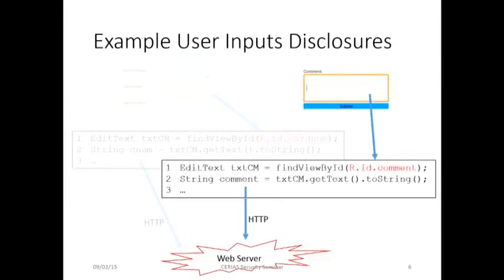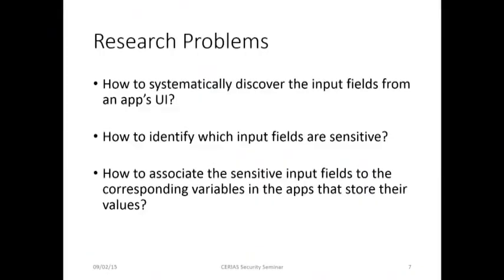Then if we want to do disclosure analysis, we cannot simply find the sensitive sources by only analyzing the code, because both sensitive and insensitive data are obtained through the same APIs. In fact, if we want to do such code analysis, we confront several challenges.